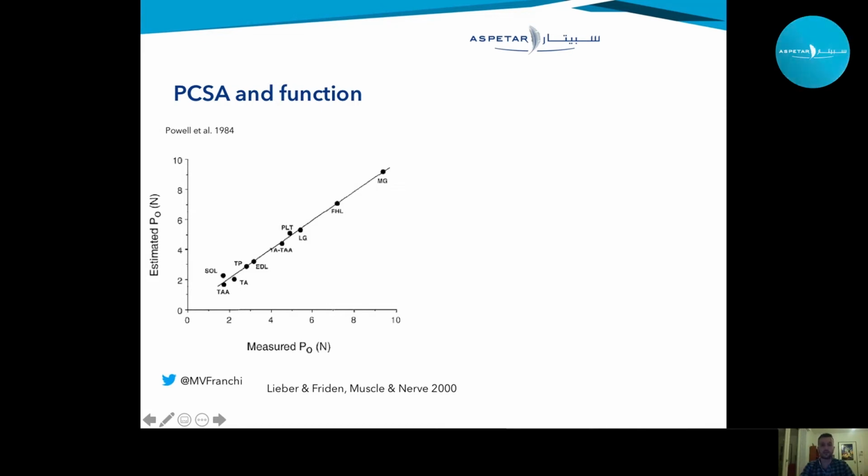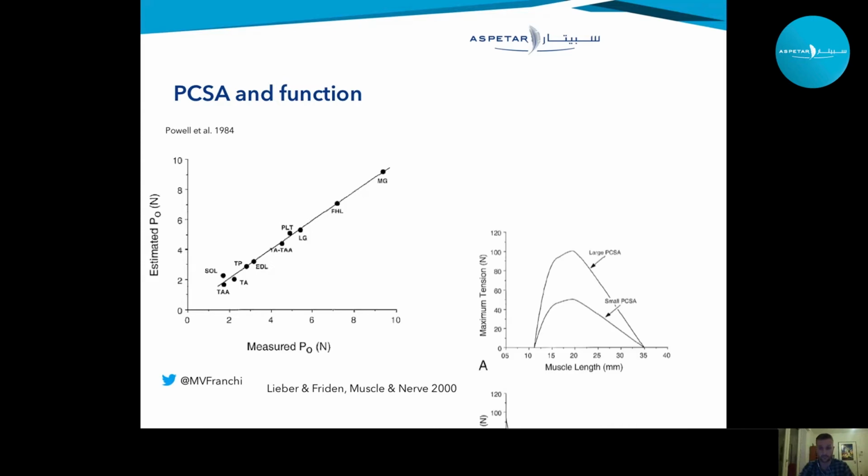But they also showed that the maximal tetanic tension that was produced was related to the physiological cross-sectional area itself, so to the quantity.